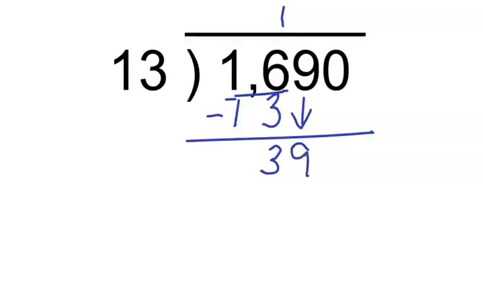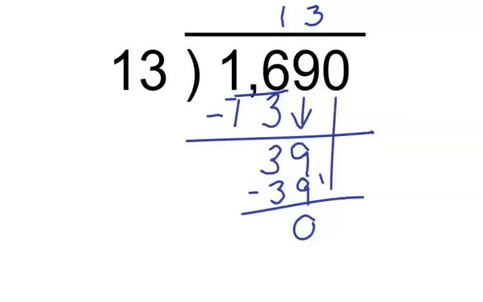How many times will 13 go into 39? Well, 3 times, because 3 times 3 is 9. 3 times 1 is 3. We subtract those, and that is a 0. Bring down the 0. How many times does 13 go into 0? 0 times. So the answer to that one is 130.